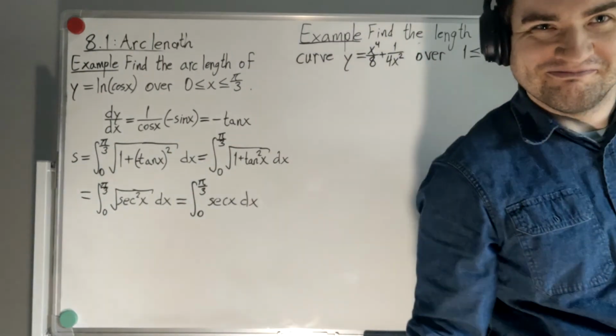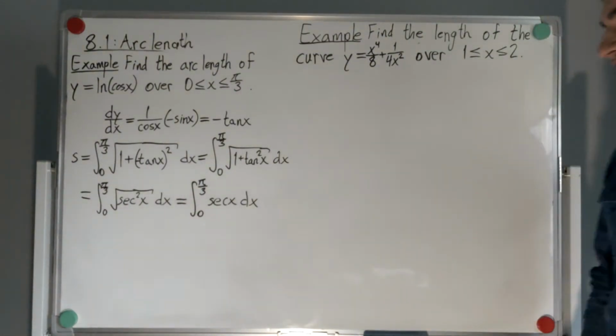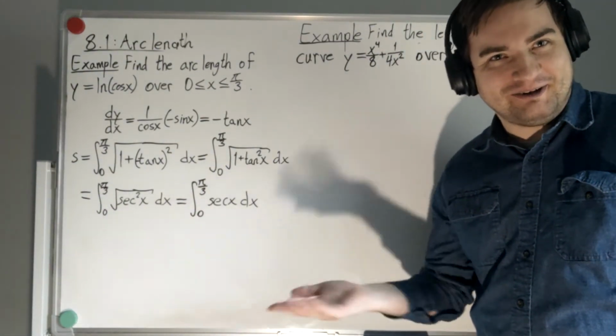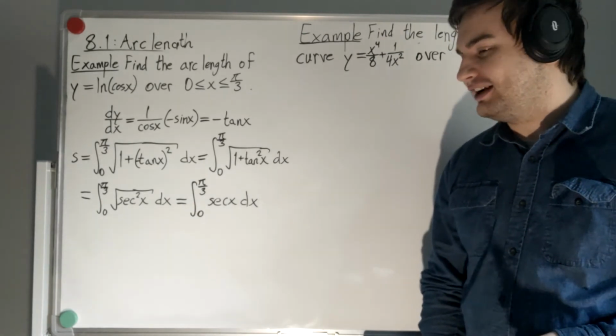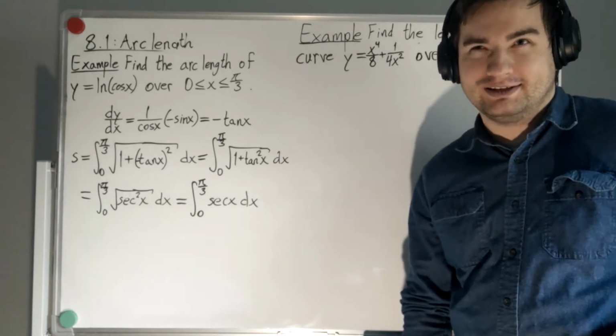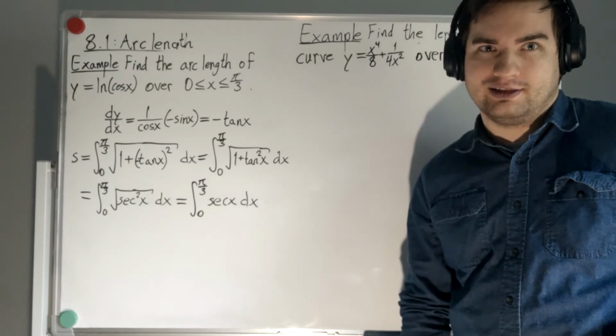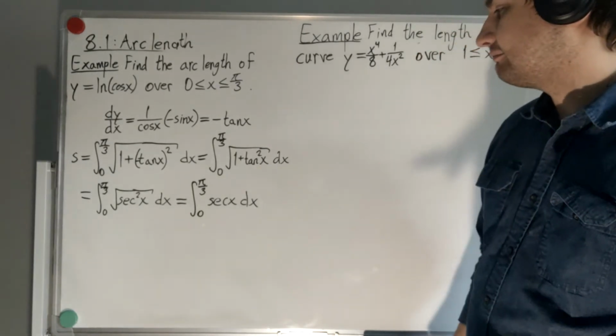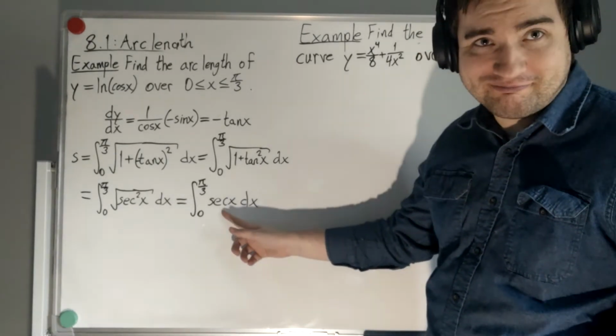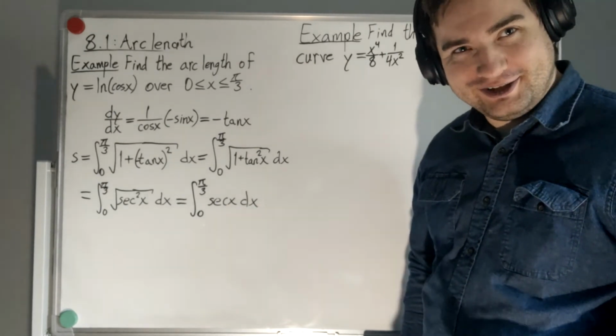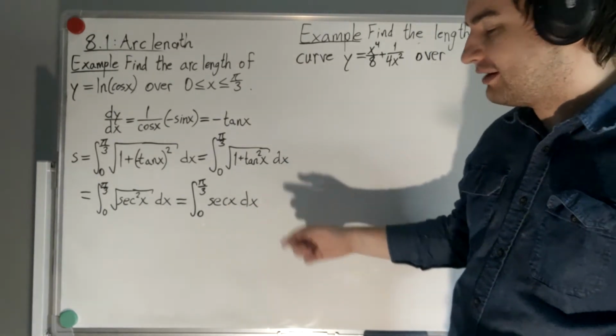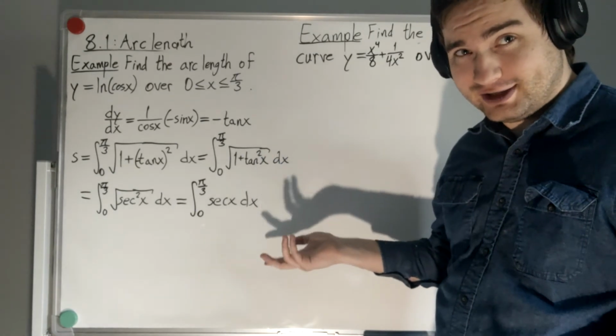Remember that one? Yes, the very first example I did about trigonometric integrals in 7.3, I think, was this. And the way that you had to integrate this one was you had to multiply top and bottom by secant x plus tangent x.